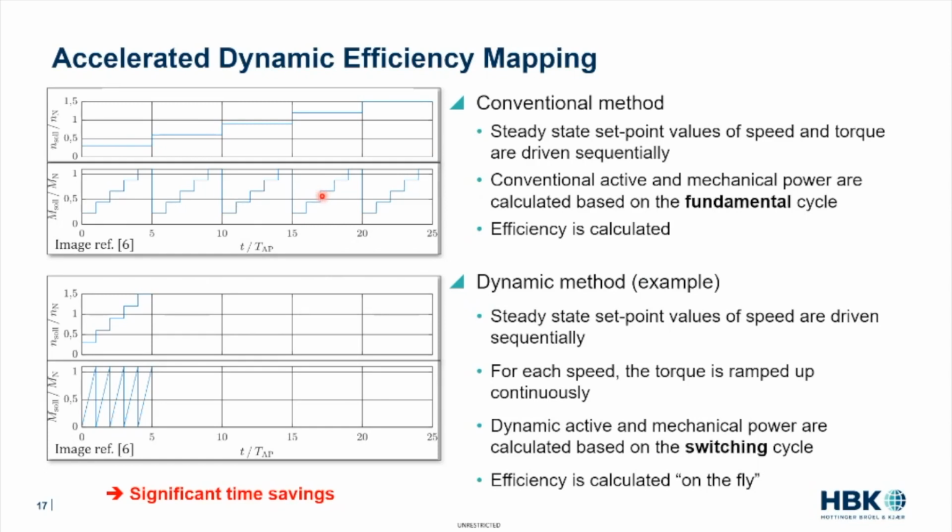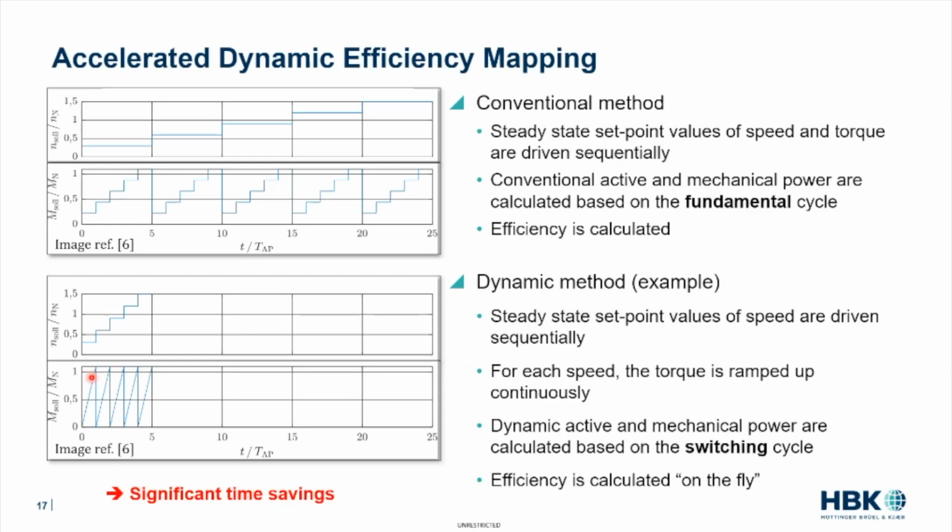Now, as we have shown that we can measure dynamically, we don't need to wait for torque to settle. We have speed points and we keep the speed constant, and then we just constantly increase torque. During that increase, we measure while torque is changing.